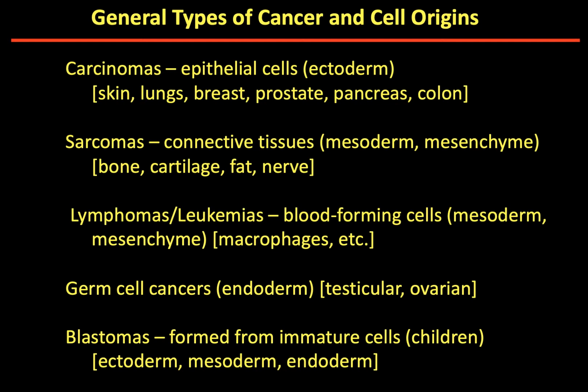As I said, there are many different types of cancers, and normally they're named by what sort of cell types they originate from. So carcinomas are cancers of epithelial cells which come from the ectoderm in the embryo.